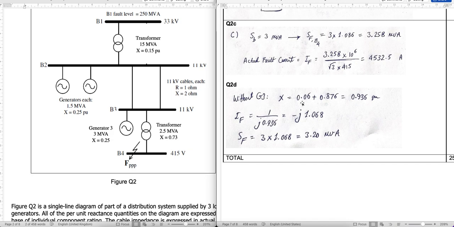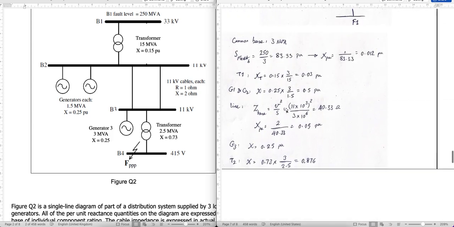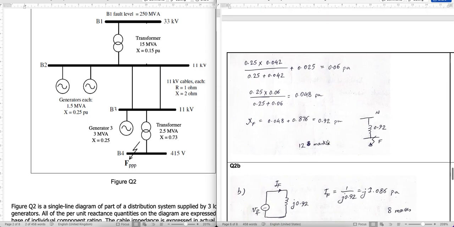The case without G3 is, you go back to this original diagram here, and you just exclude this one. Just exclude this one and recalculate everything for this part. So that means you are excluding G3.